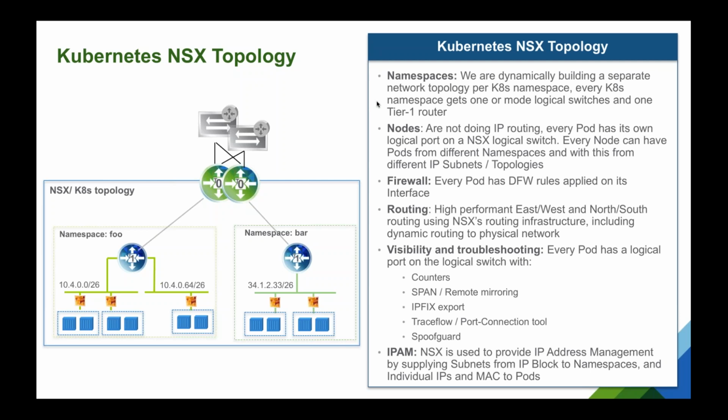Why am I saying that? So we had different sets of customers. We had customers that said, okay, I don't want those 10,000s of pods to all have a routable IP address in my corporate network. I don't have enough IP addresses to assign to pods. And so I want those pods to be behind NAT. I don't have a problem with NAT.